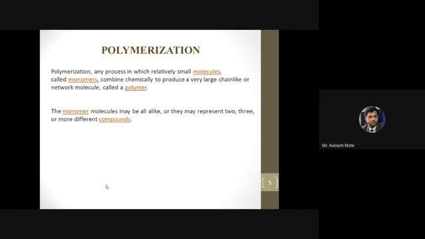Poly stands for many, merization stands for combination. So the process of combining monomers together to form a polymer is called polymerization.